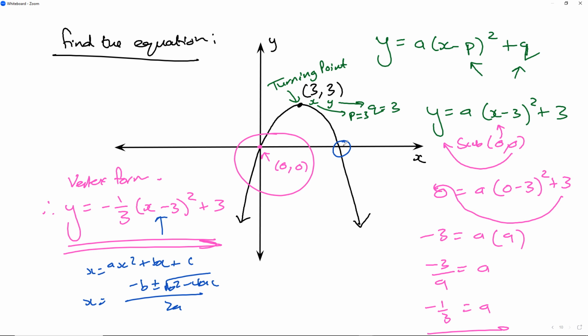The quickest way to get this, remember that if it's a parabola, then this is a line of symmetry, in which case the distance from here to here is the same distance from there to there. So this value over here has the x value of 3 from there. So this x value will be 6. In which case, I can see that those are my two x-intercepts. x equals 0 and x equals 6 are my two roots for this equation over here.